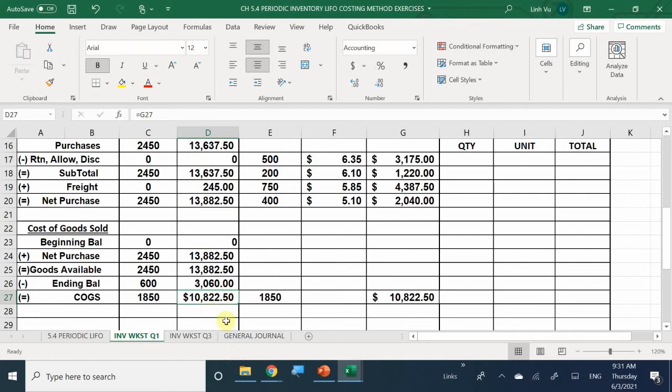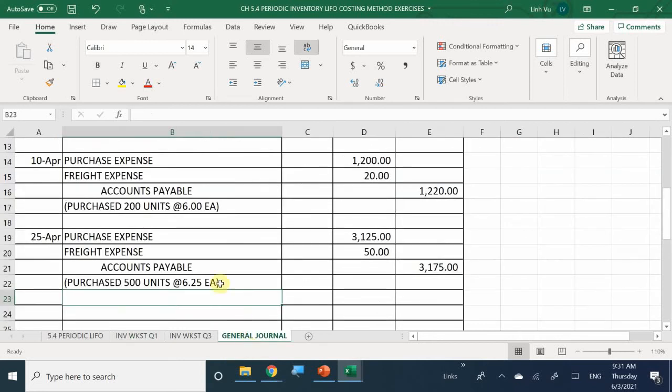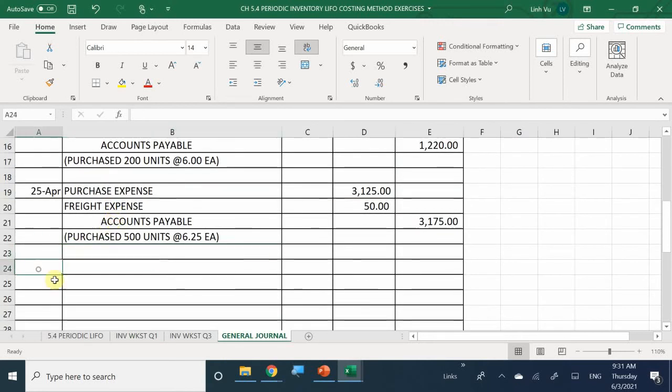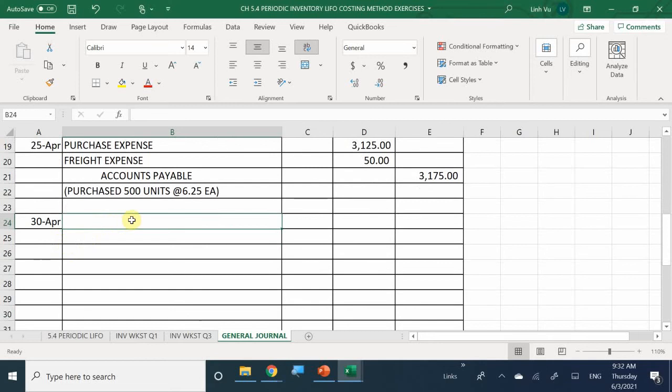All right, so now let's go ahead and complete our conversion entry. Since we reached the end of our inventory and the end of our period, what do I need to recognize? How do I journalize this conversion? Inventory. You're going to recognize inventory. What else? Cost of goods sold.